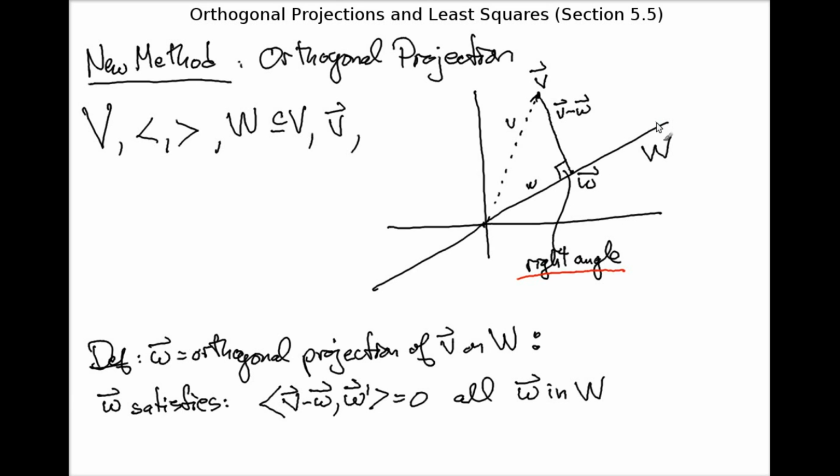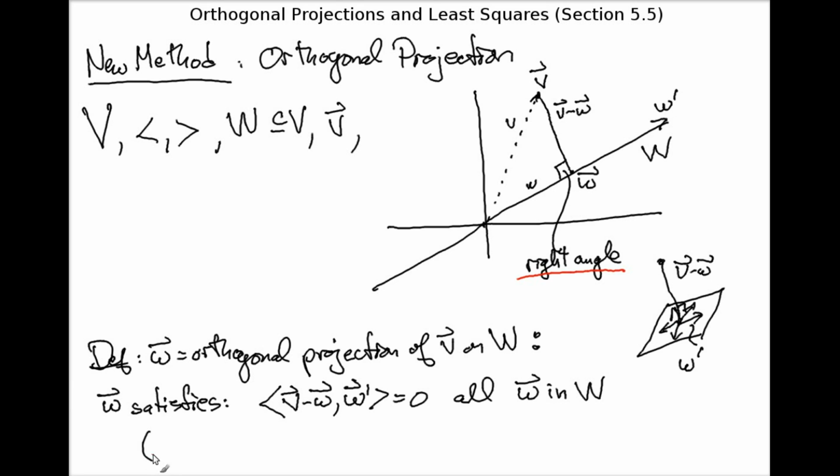In this example, there's essentially just one vector W prime. But of course, in general, if you had a two-dimensional subspace, you have to take all the different vectors W prime, and you have to check that this V minus W is orthogonal to all of them.